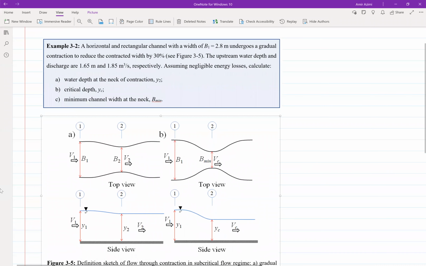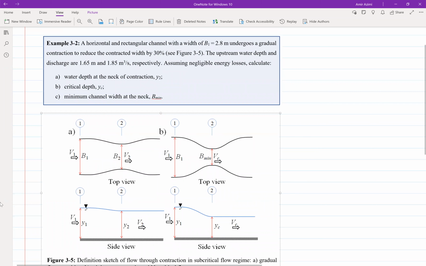Okay, example 3-2 is about channel contraction. So we have a horizontal and rectangular channel, which undergoes a gradual contraction.